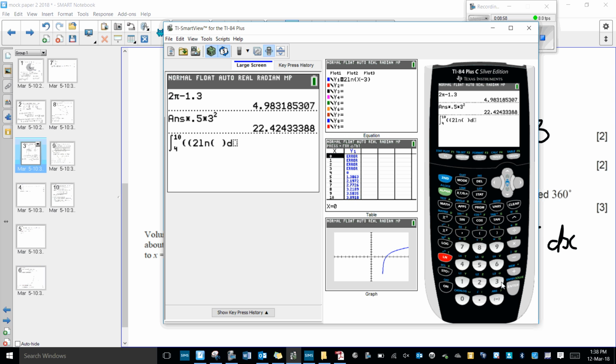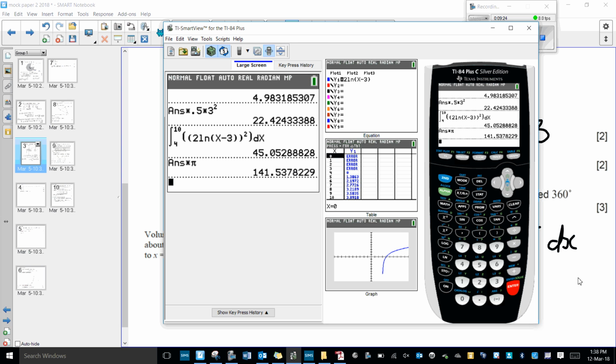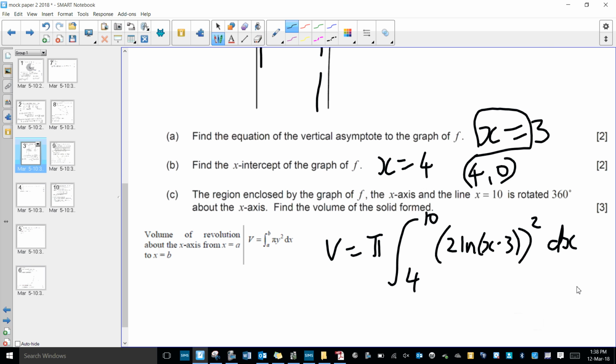Close the bracket and square that function. Okay, dx. So we've got this function in. It's been squared. We're integrating with respect to x between 4 and 10. Press enter. And then you're going to multiply that by pi. So that's 141.537. So that's 142 to 3 significant figures.